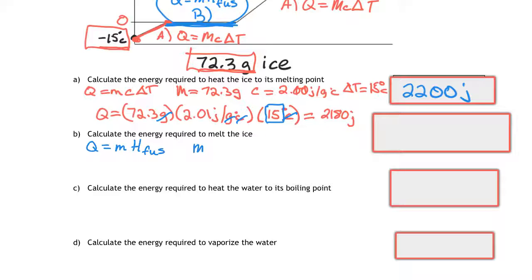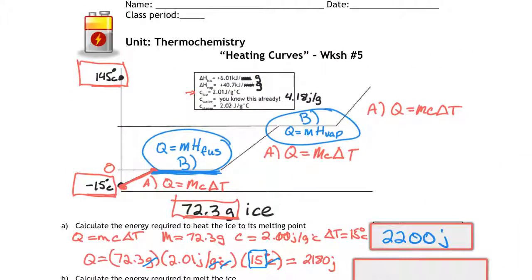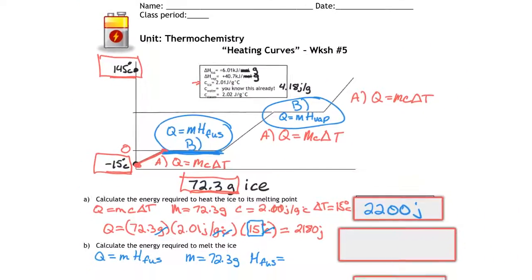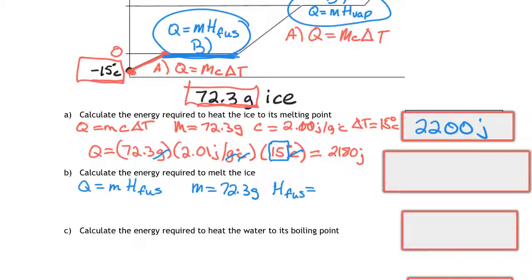My mass is going to be the same, 72.3 grams. The heat of fusion is given to me up here in my problem, and I find that that's 6.01 kilojoules per gram.